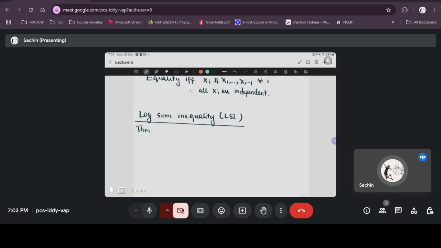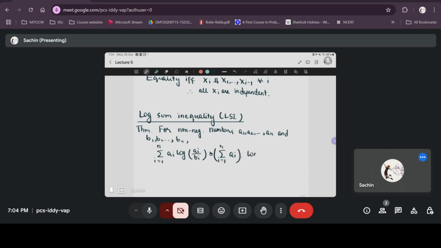We'll take it as a theorem, which says: for non-negative numbers a1, a2, up to an and b1, b2, up to bn, the summation of ai log ai over bi, summed over all i, is greater than or equal to the summation of ai, i equals 1 to n, times log of the summation of ai, i equals 1 to n, divided by the summation of bi, i equals 1 to n.